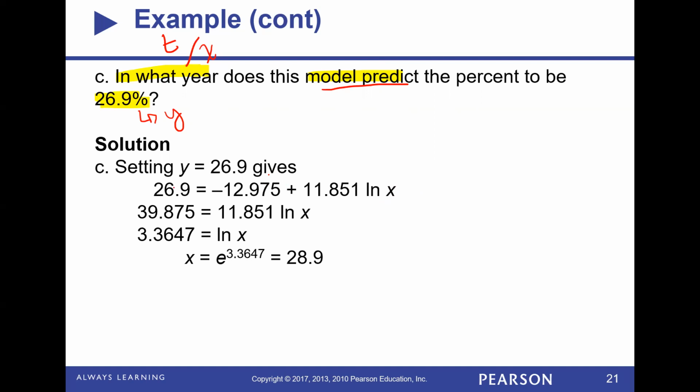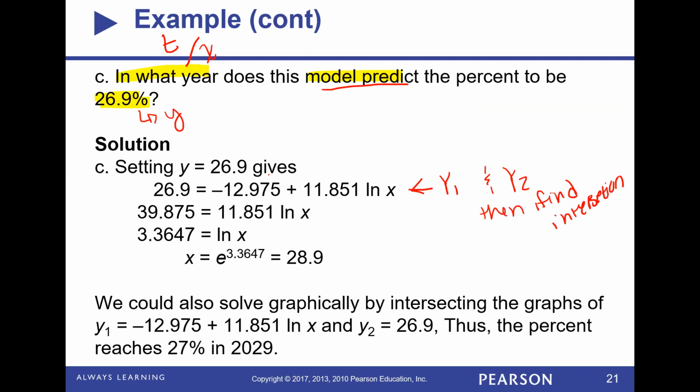Now, again, you still have the option to plug at this point right here. You could have plugged into Y1 and Y2 and split it in half and then find the intersection. That is also an option for you if you don't want to do it fully by hand. And that's what I'm stating down there at the bottom.